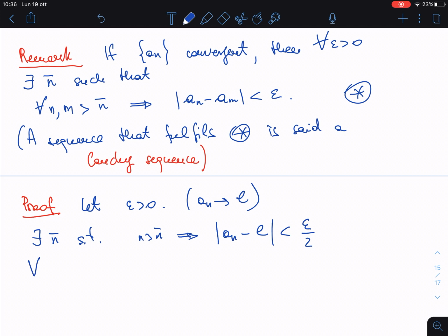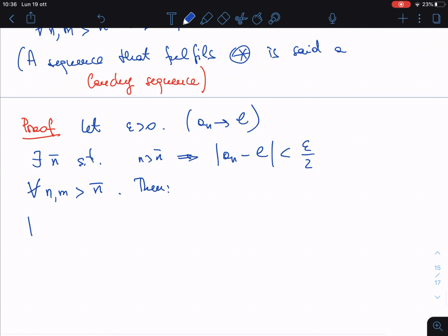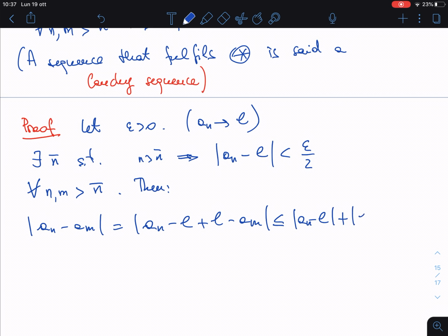Now we consider two numbers n and m both larger than n bar, so we have that a_n minus a_m, we subtract and add the limit L. We use the triangular inequality, so here we end up with a_n minus L plus L minus a_m. For both n and m, since they are larger than n bar, this inequality holds, so here we have epsilon over 2 plus epsilon over 2, and this is epsilon.